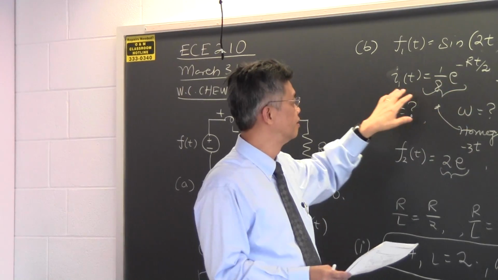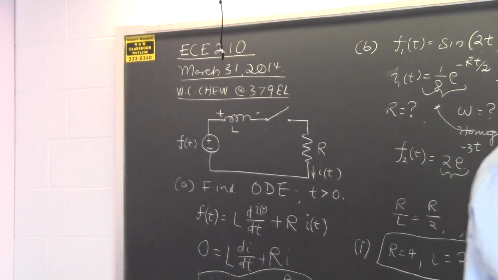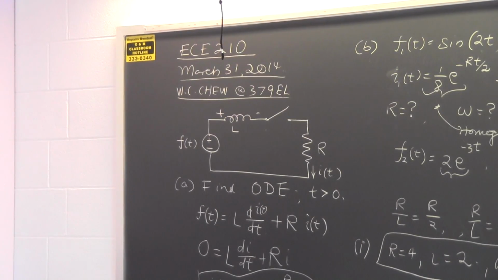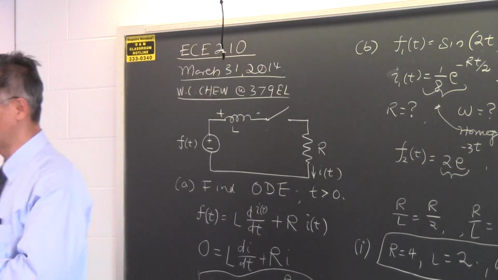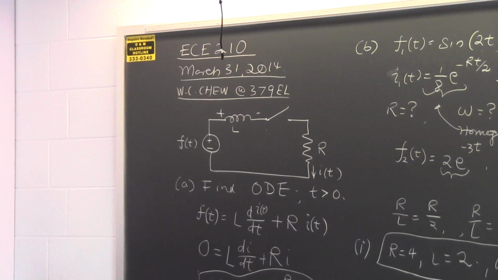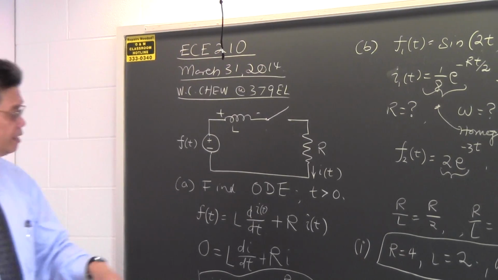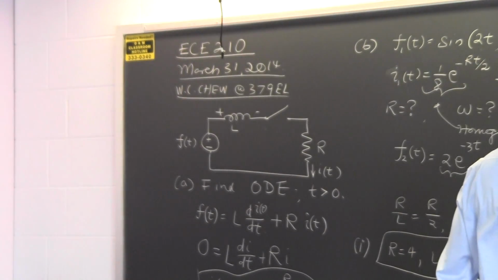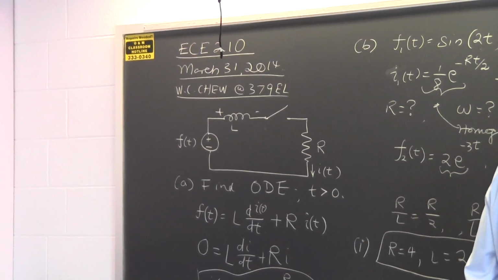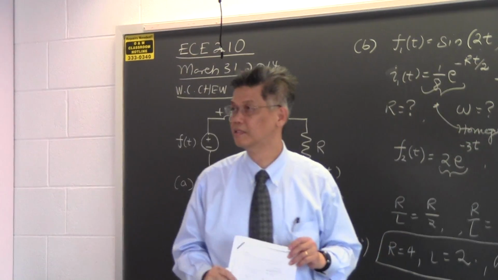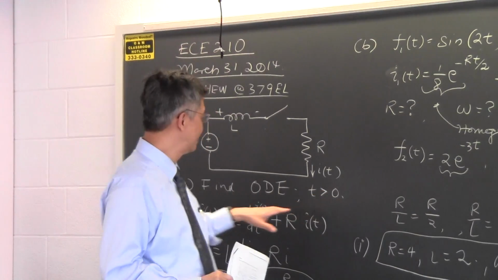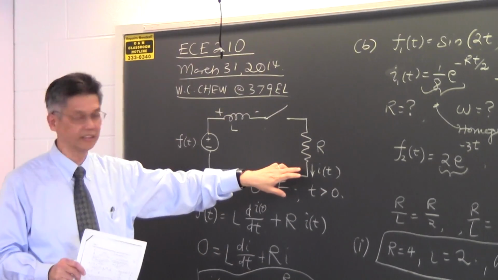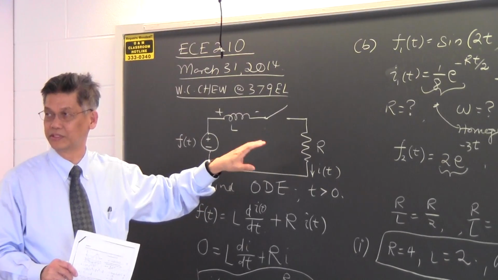These two terms cancel each other, so this I1 of t does satisfy this condition. There was no current that flows when t equals 0. Similarly, when you set t equal to 0, I2 of 0 is also equal to 0. There's no initial current that flows before you turn on the switch.